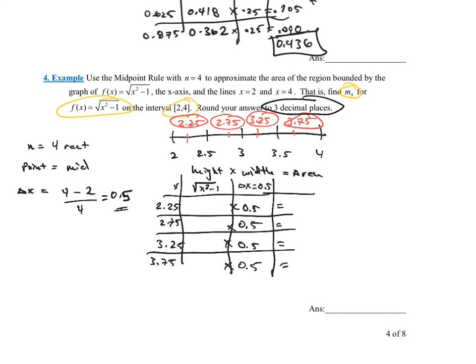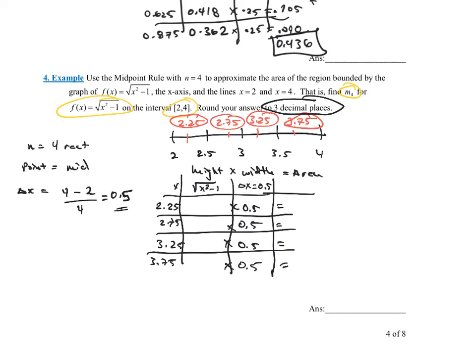So go into your table now, type in the function, the square root of x squared minus 1. Go ahead and hit enter, make sure it's on ask. Type in the numbers, so I'm going to type in 2.25, hit enter, 2.75, and 3.25. I can only do 3 at a time.